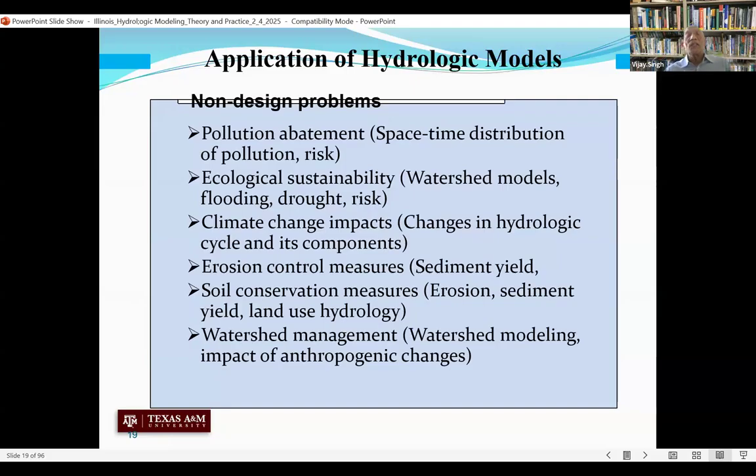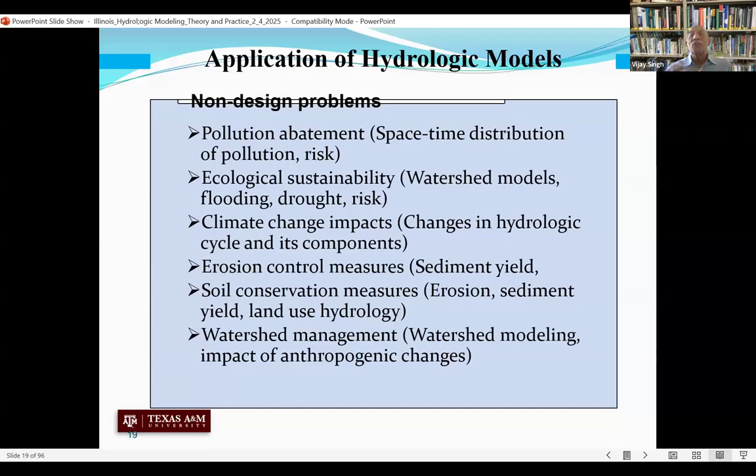But there is another category where hydrology also comes into play very prominently, which are essentially non-design problems like pollution abatement, where we need space-time distribution of pollutant movement or risk, or ecological sustainability.